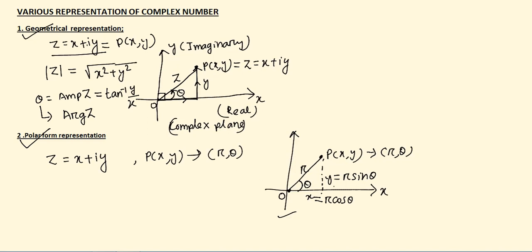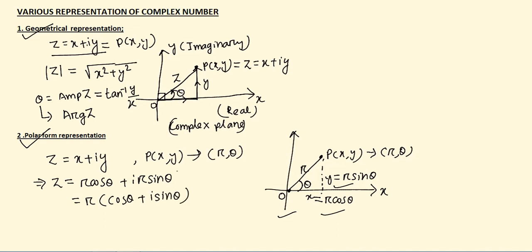So putting these two values here, we have z equal to r cos theta plus i r sin theta. Now if you take r common, we have cos theta plus i sin theta.